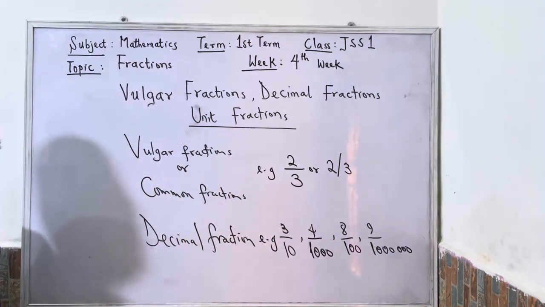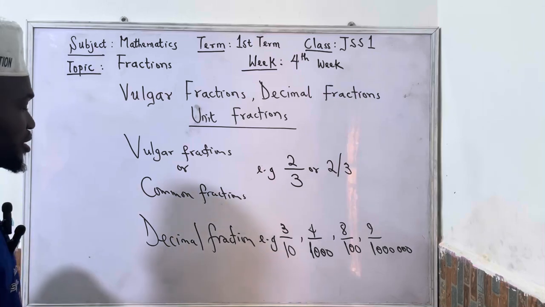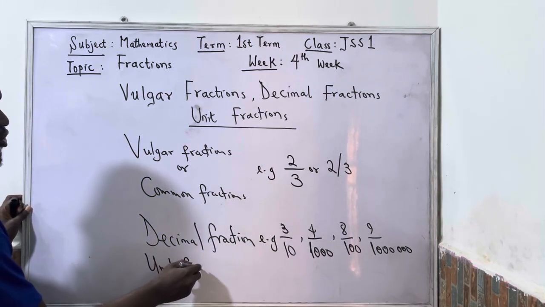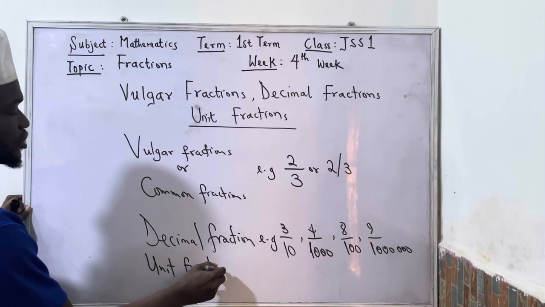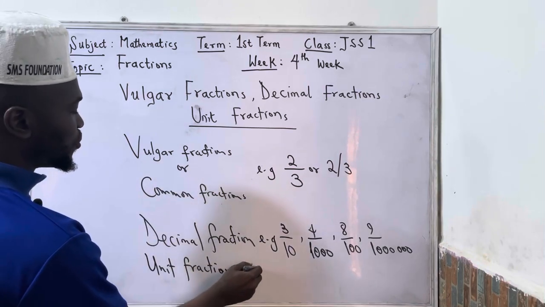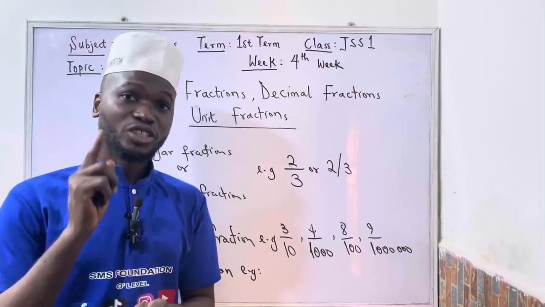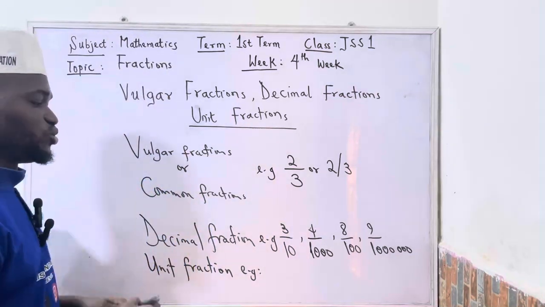Good. Now, the third one, unit fraction. I talked about unit fraction in the last video that I did on fraction, but let me just say it again. A unit fraction is any fraction whose numerator is 1. This one has to do with the numerator. Once the numerator is 1, then the fraction is a unit fraction.